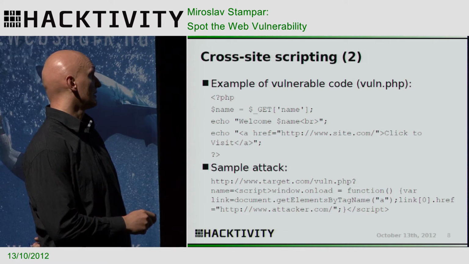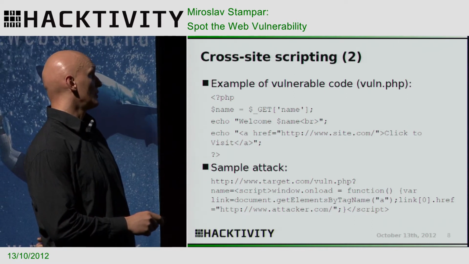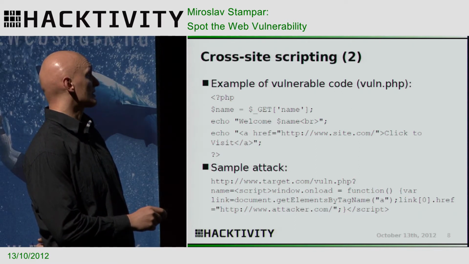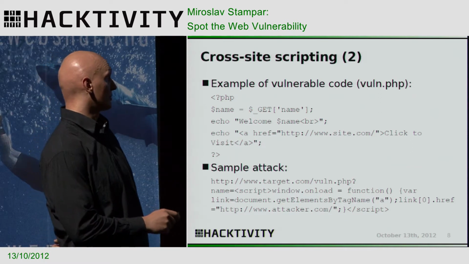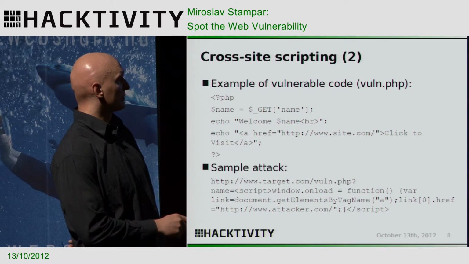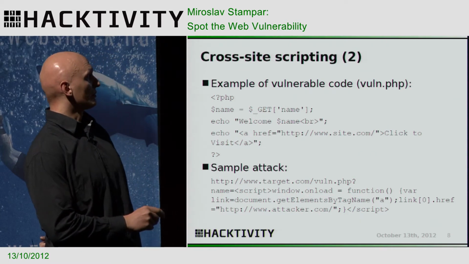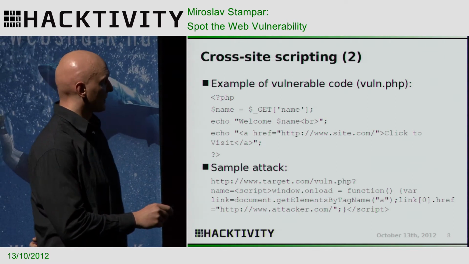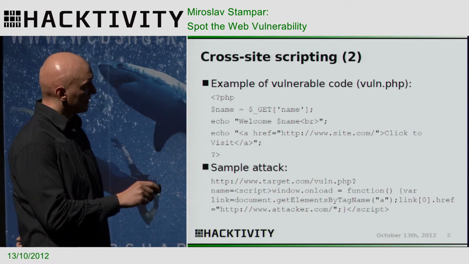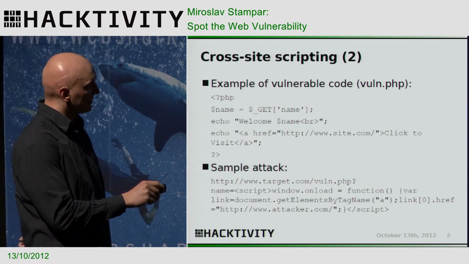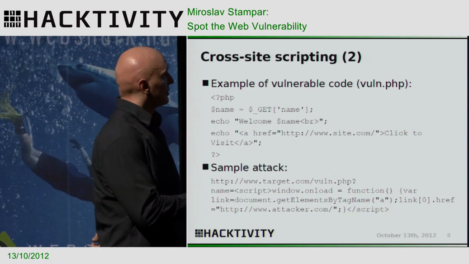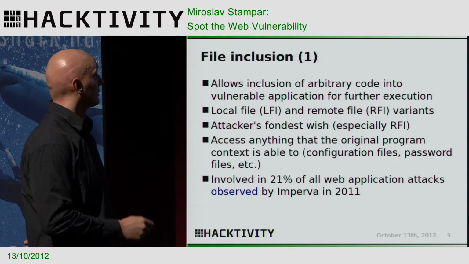This is JavaScript code which changes the link referenced by this part of the code, from www.site.com to your domain. So when the user enters this page and clicks that link, instead of going to the www.site.com page, he will be forwarded to the attacker.com page.